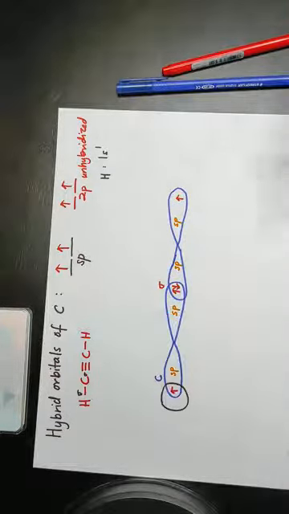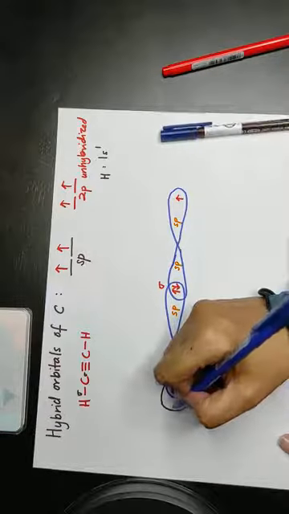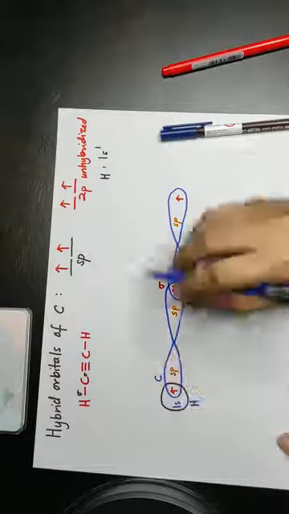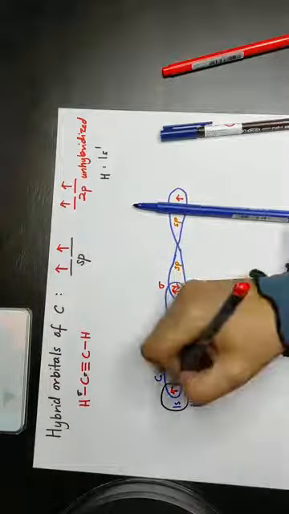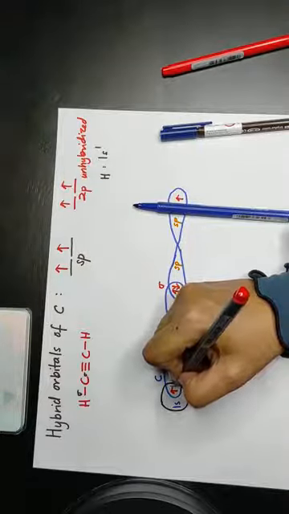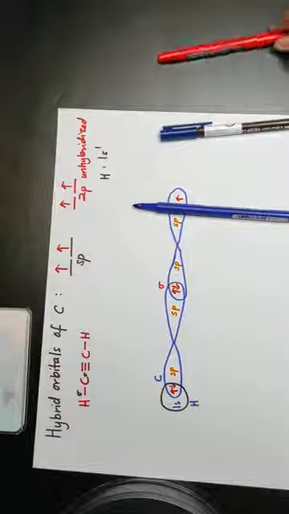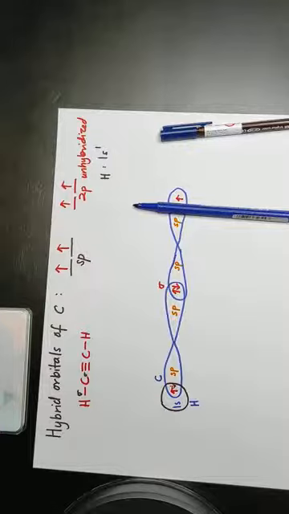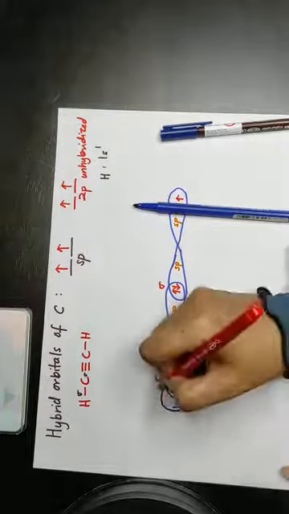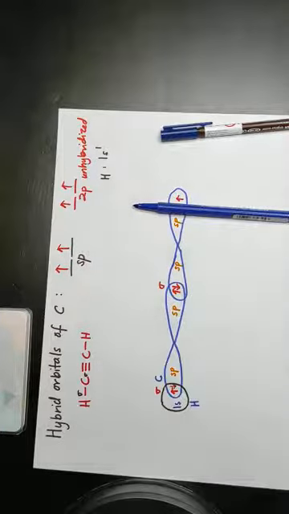Okay, so let's say this is the 1s of hydrogen. So here is the shared electron, shared electron with opposite spin.